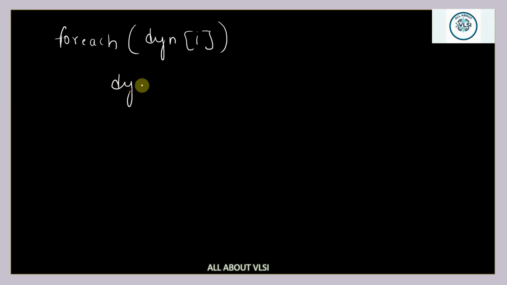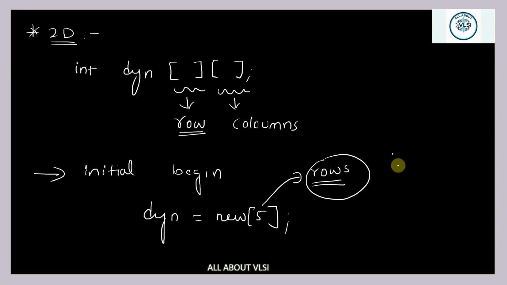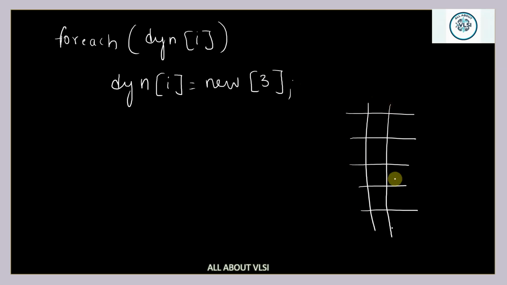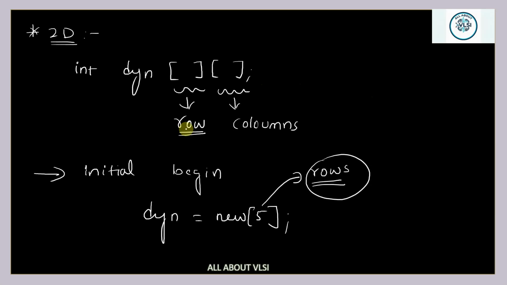So you're going to write dyn of I is equal to new of, let's say, for every row we need 3 columns. You're going to write like this. So a dynamic array will be created with 5 rows and 3 columns. So 1, 2, 3, 4, and 5 rows and 3 columns like this. So this is how you are going to create the memory for a 2D dynamic array.